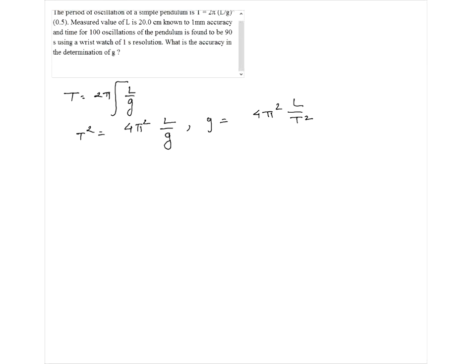Now delta g by g: delta 4 pi square by 4 pi square, that is 0, plus delta L by L, plus delta T square, 2 delta T by T. If you have any question up to this point, let me know. Fine.